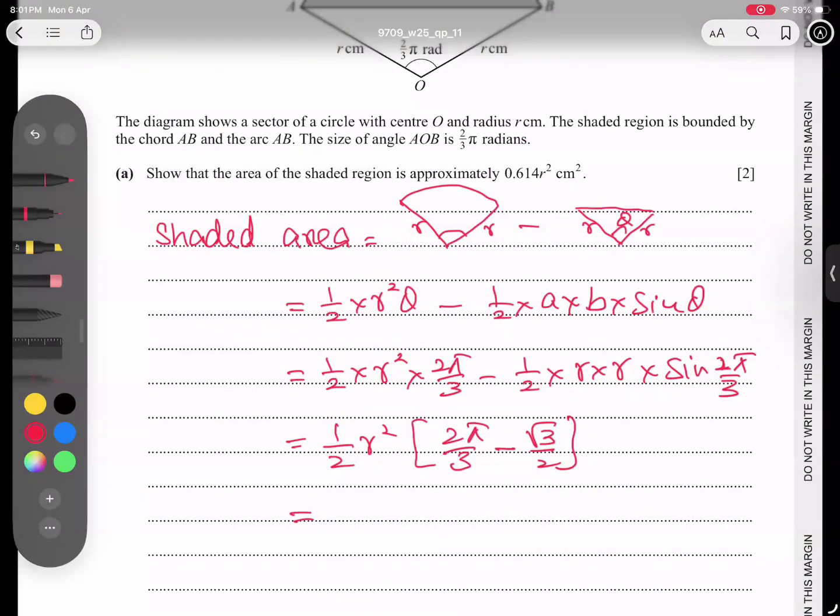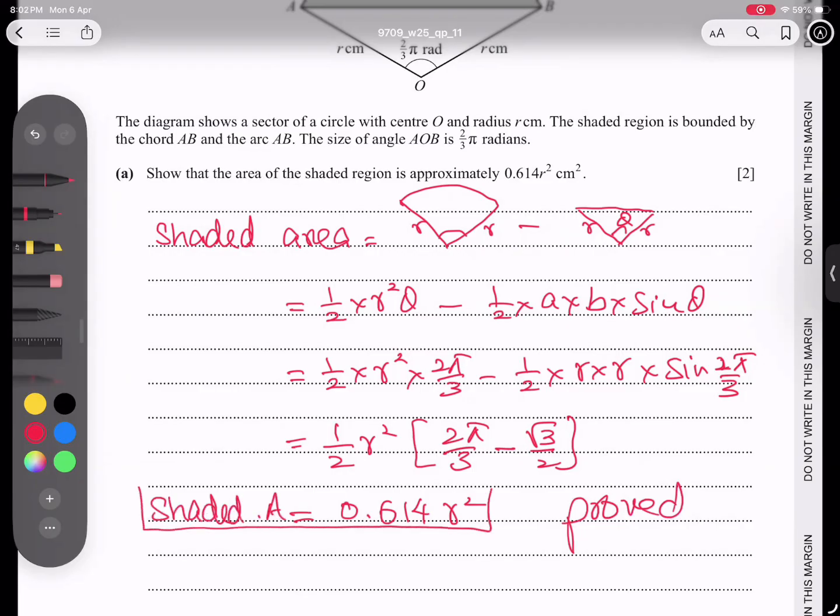So 2 times 2 pi divided by 3 minus root 3 divided by 2, and divided by 2 once again. When I type except r square, I get the same answer, 0.614 r square. Proved. So I hope the point is very clear and the shaded area idea is done.